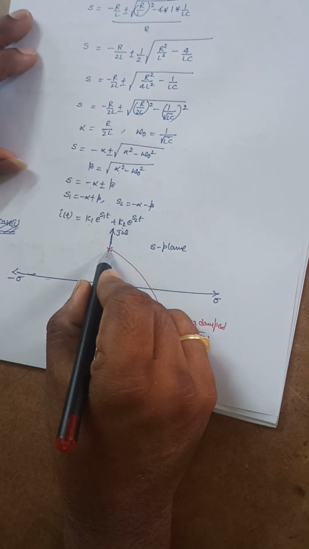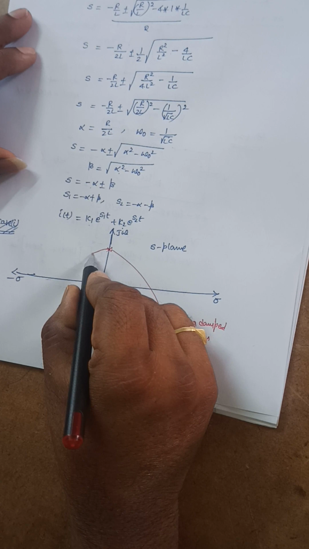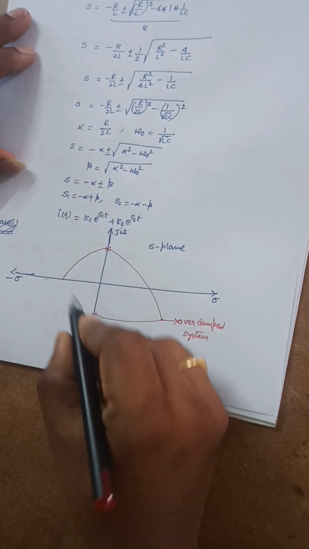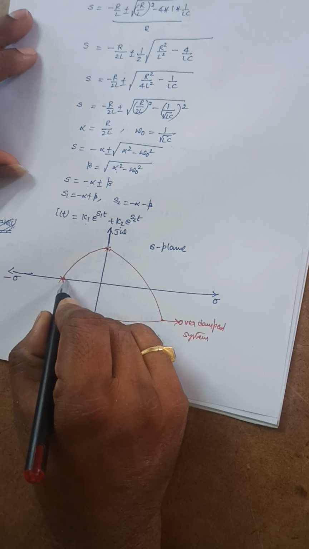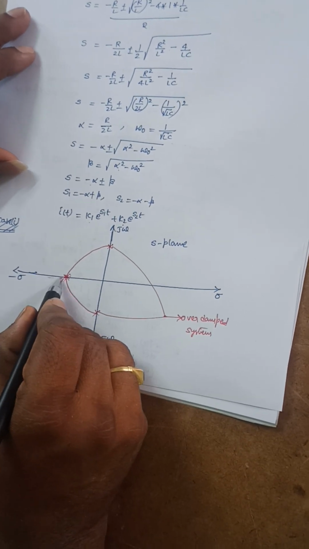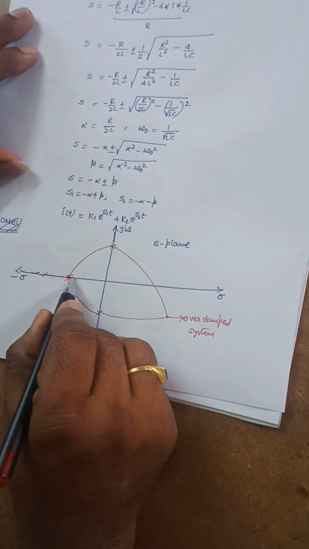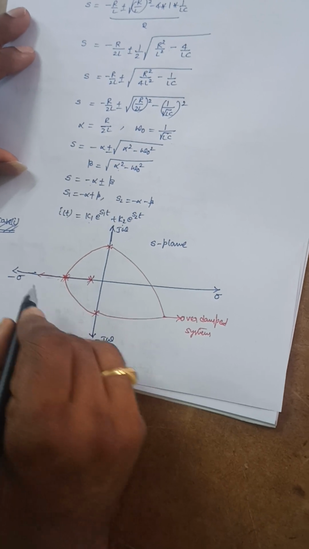And these roots will come like this, and these two roots will collide here, and one root goes like this, another root goes like this.